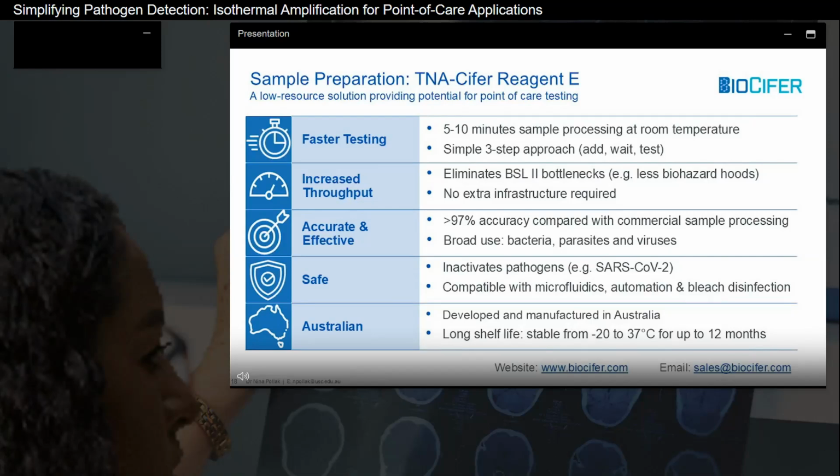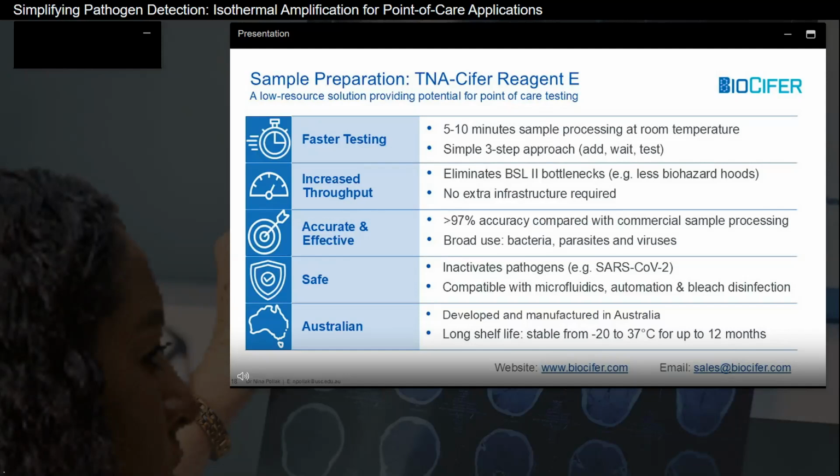Now let's talk about its accuracy and effectiveness. In trials, DNA-cipher reagent E showed over 97% accuracy when compared with commercial sample processing methods. It's incredibly versatile, handling a broad range of pathogens, including bacteria, parasites, and viruses.